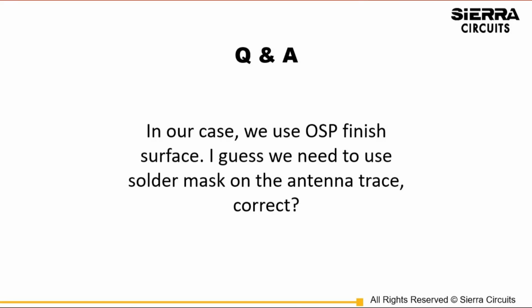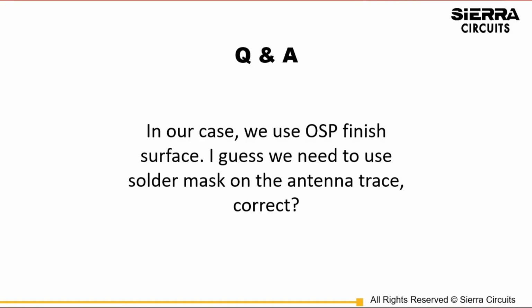So in our case, we use OSP finished surface. In such a case, I guess we need to use solder mask on the antenna trace, correct? See, an OSP finish has a life of only about 5-6 months.